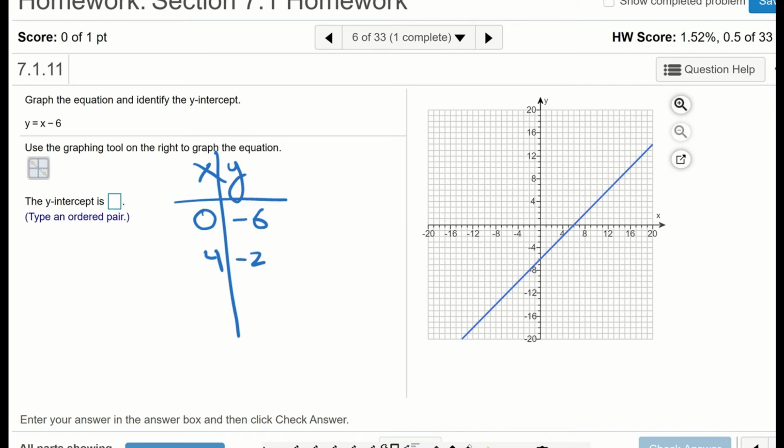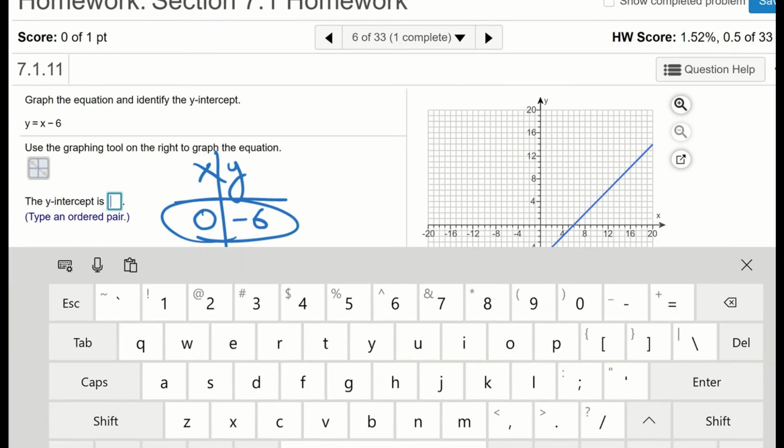Notice they also want you to find the y-intercept. Remember, again, we already did when we used 0 for the x coordinate. So we know that 0, -6 is going to be our y-intercept. So if you try to type in here just 0, -6, the system would not give you the happy face.